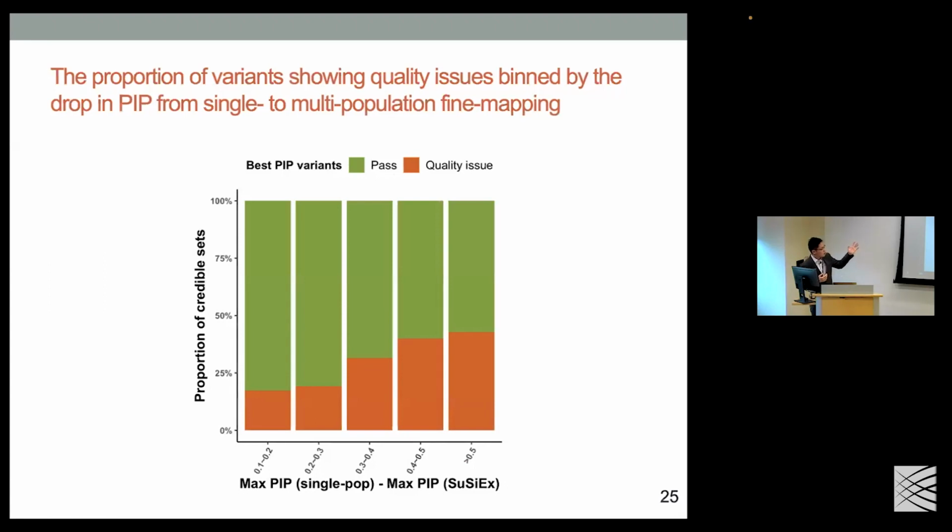The y-axis is the proportion of credible sites with quality issues, and the x-axis is the maximum PIP loss from the single population to the cross population. The left means the PIP loss is minor, and the right has a greater loss. As the PIP loss increases, the proportion of credible sites with quality issues also increases.